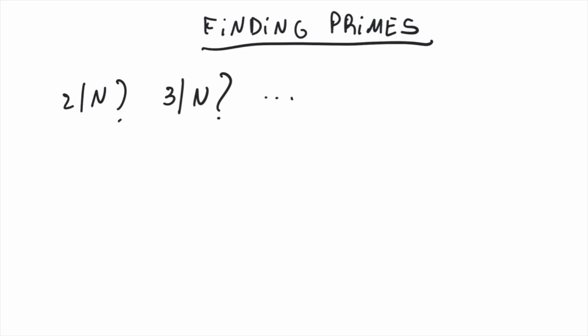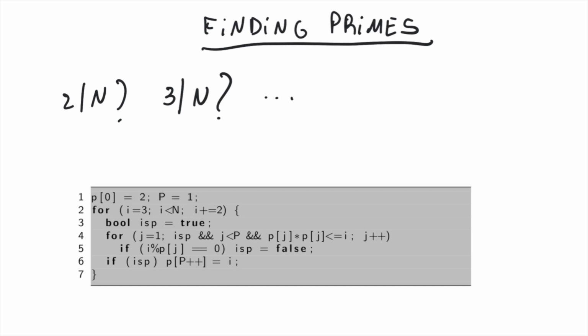So this gives us a very simple algorithm to find all the prime numbers up to some given number n. In this code, small p is a stack containing all the prime numbers that we find. Uppercase P is the number of primes that we have found so far.